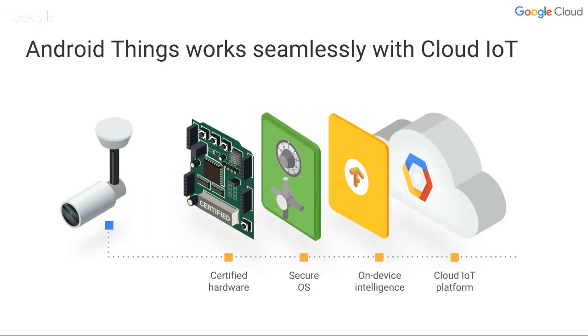You can manage configuration and the patching of those devices all together. So these are meant to seamlessly work together and provide manufacturers or makers in the world with a really secure baseline to start with. And the whole goal of the IoT platform at Google is to allow the developer and the manufacturer to focus more on the application and leave the security and the hardening of the device to Google.